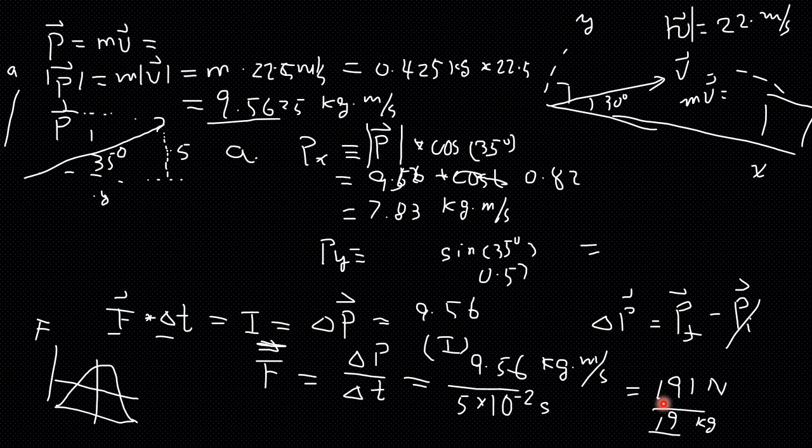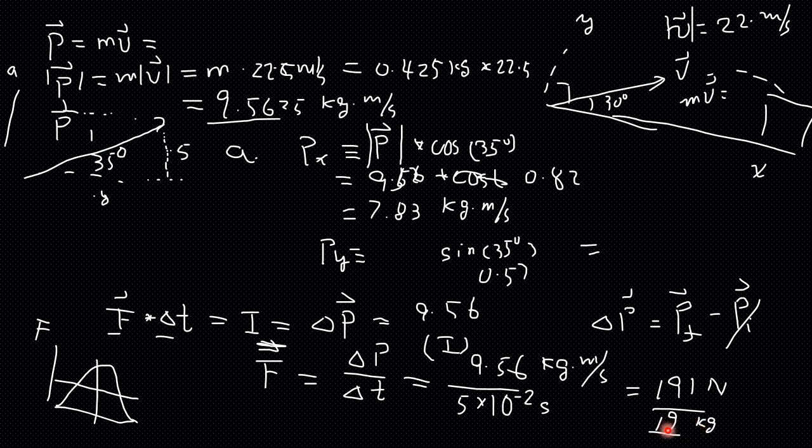So just to get a feel about how strong this force is, imagine 1 kilogram is like 10 newtons, 9.8 newtons precisely. You probably know how it feels holding 1 kilogram in your hands, like 2 pounds. If you divide this by 10, it's like 19 kilograms, like 40 pounds.